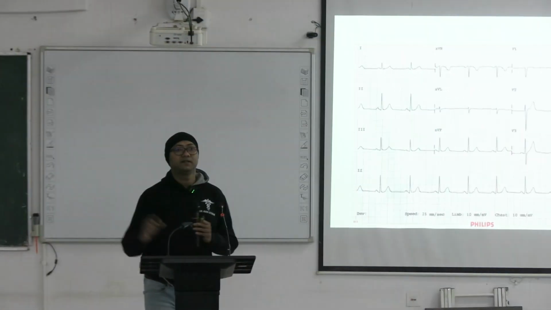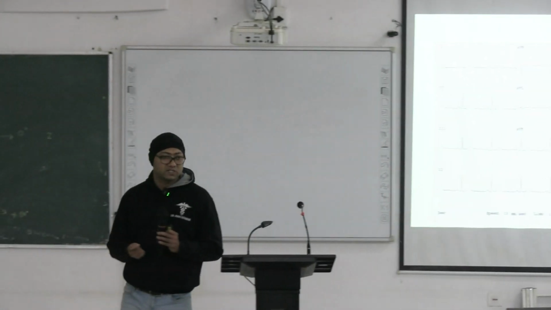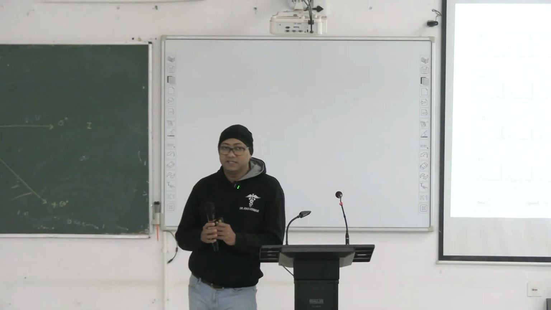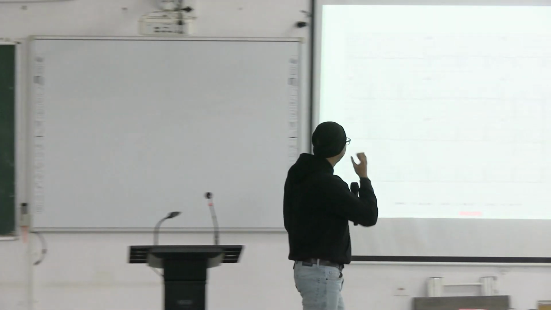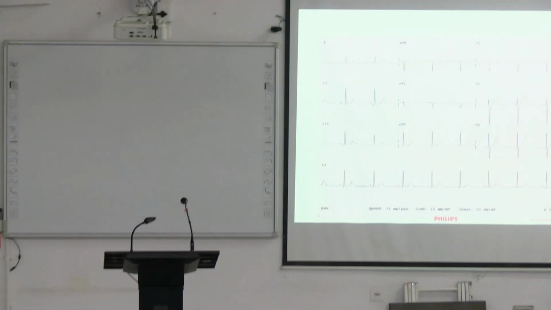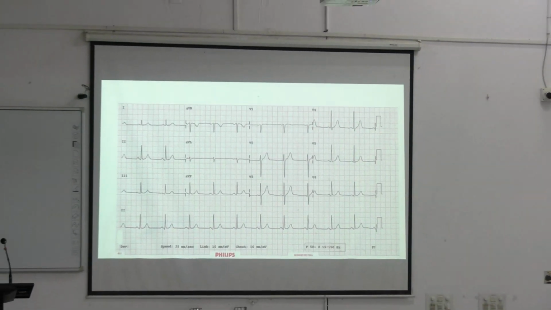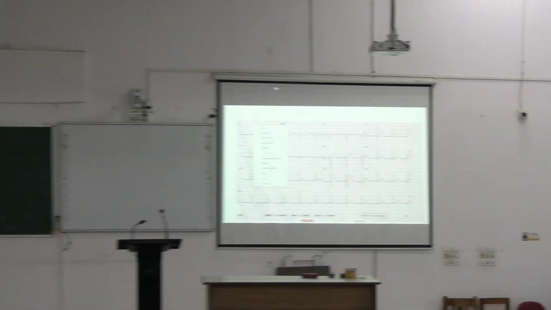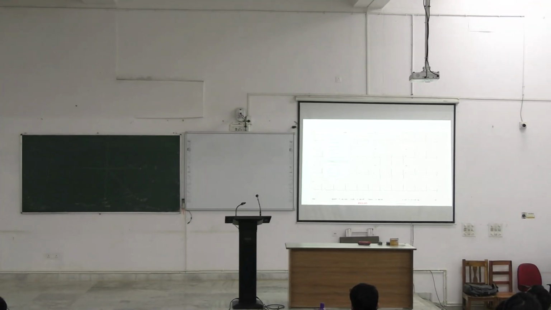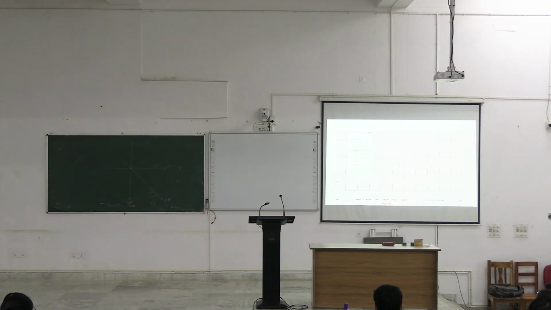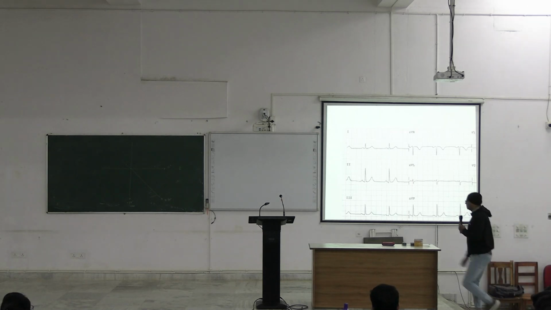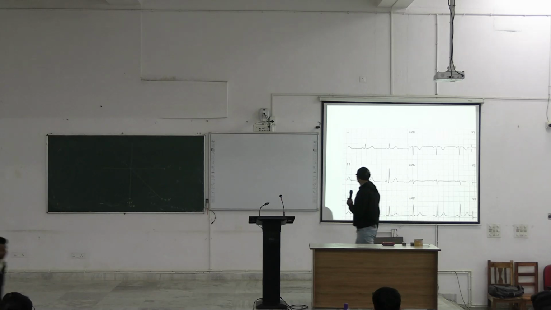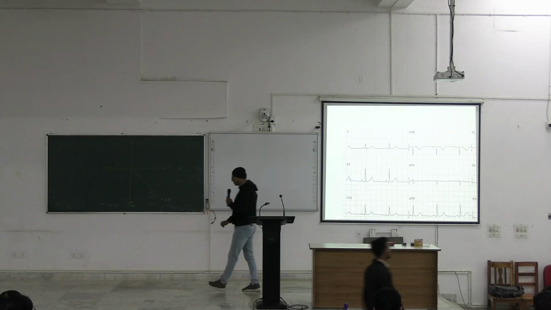we need to check the height of QRS complex at lead 1 and lead 2. So, here we can see lead 1 and lead 2, we need to calculate the height of QRS complexes.